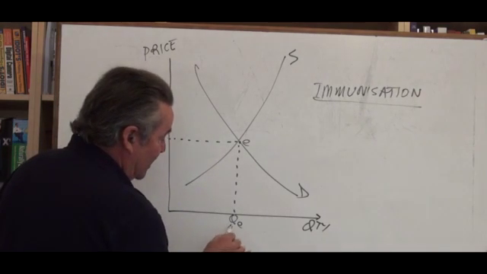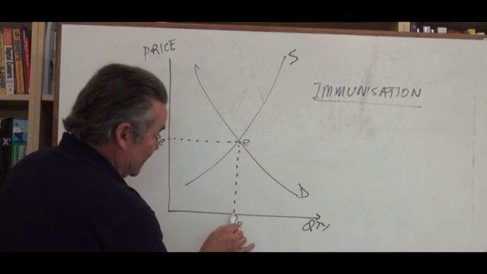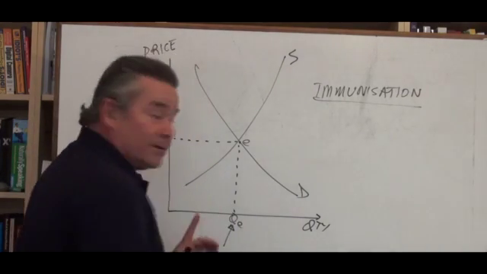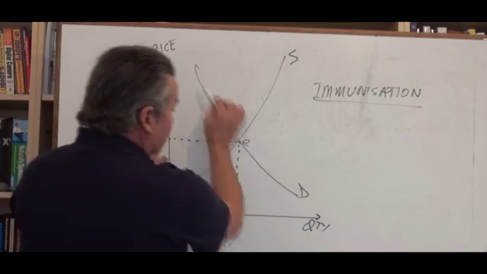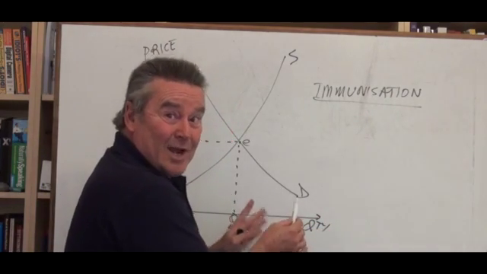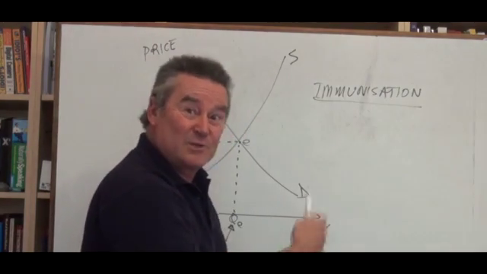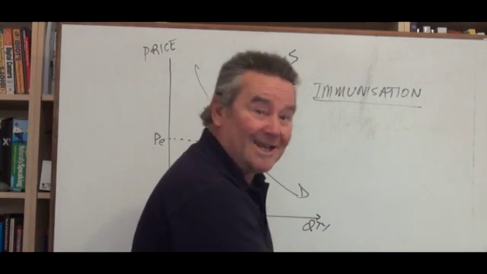We're allocating a level of resources to produce this level of output. But in actual fact, what I'm suggesting to you is that possibly this demand curve doesn't capture all of the benefits that spill over to society at large.